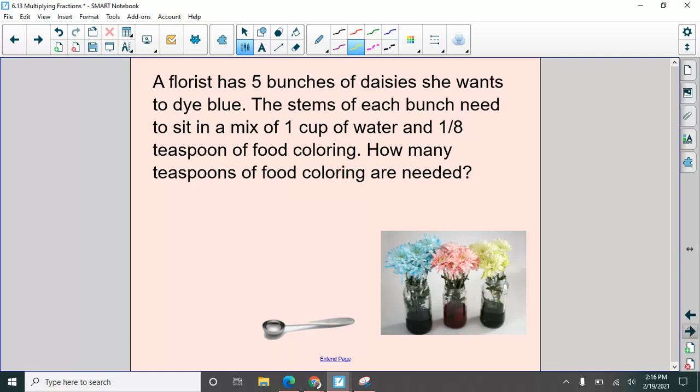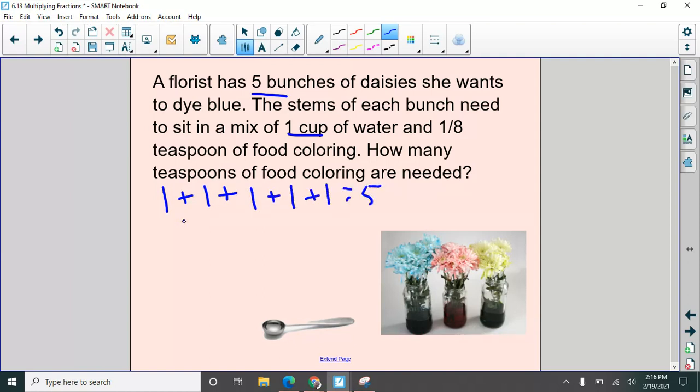Well, I'm going to actually start with the water here because I want you to see how both ways work, right? We're going to have 5 groups, and to figure out the water, we're going to have 5 groups of 1. So we could write that as an adding problem like this, equals 5.